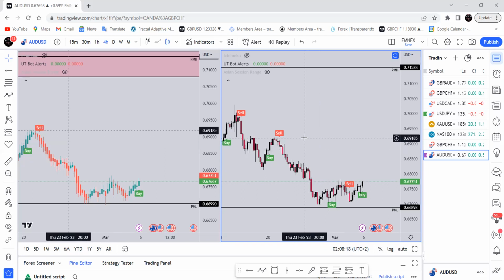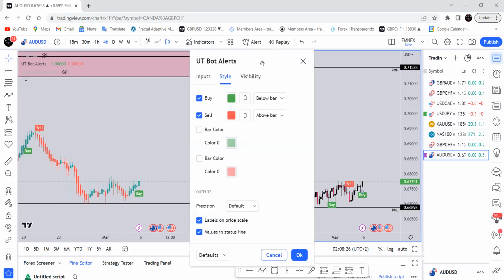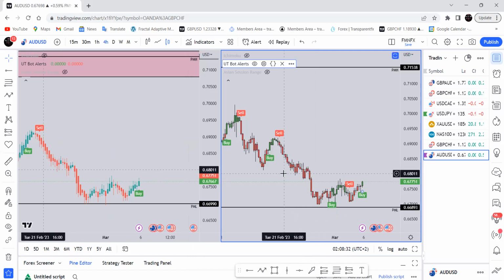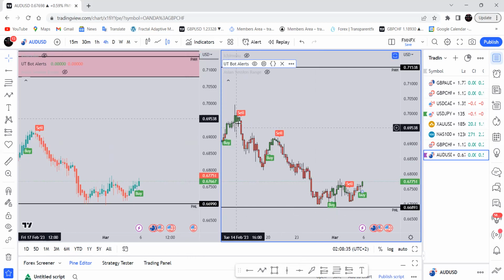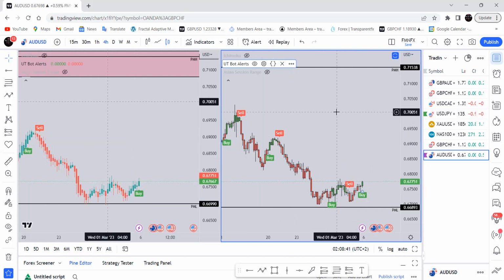When I was playing around with it, I stumbled across this. When you turn it on in settings, it will look like this: buy, sell, another buy, another sell, another buy, another sell, another buy.